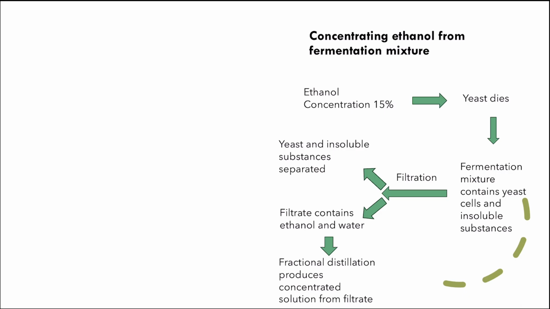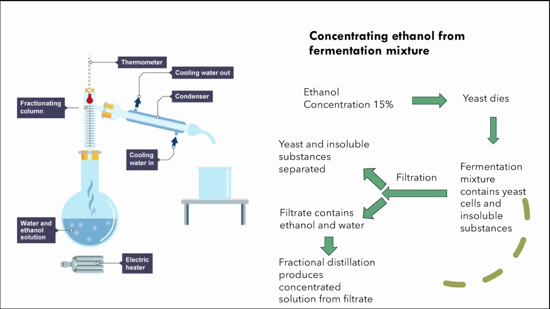The main reason why we can use fractional distillation is the difference in the boiling point between ethanol and water. So in fractional distillation, we have the solution of water and ethanol. It's going to be heated, and then both of them will start to evaporate and go through the fractionating column.